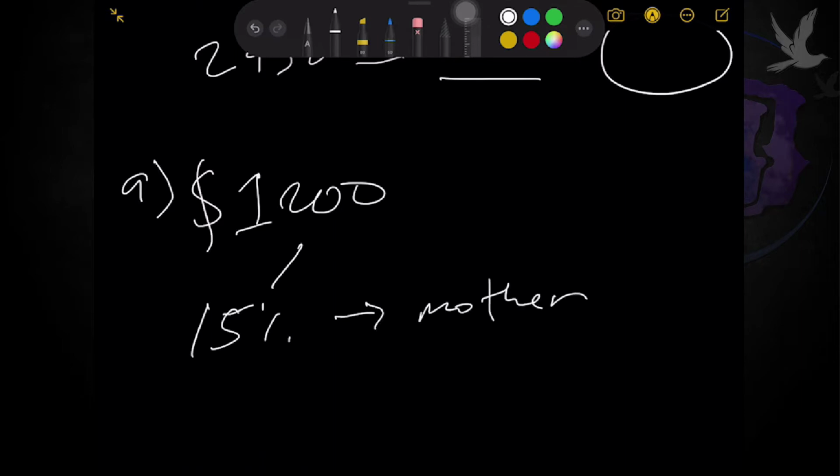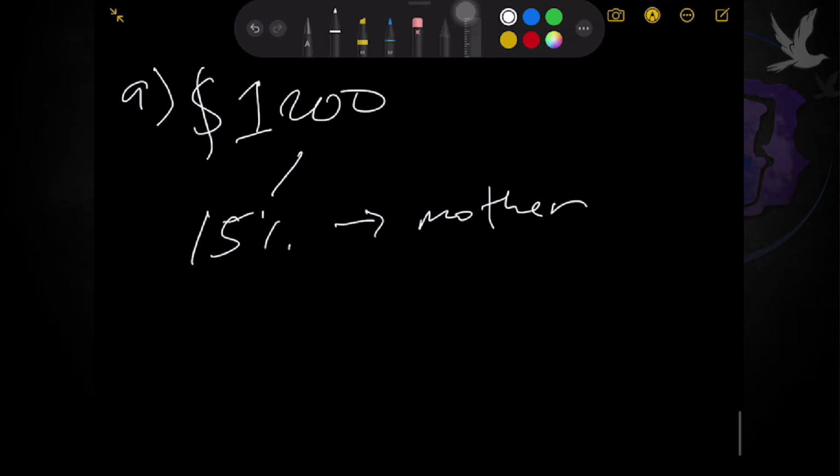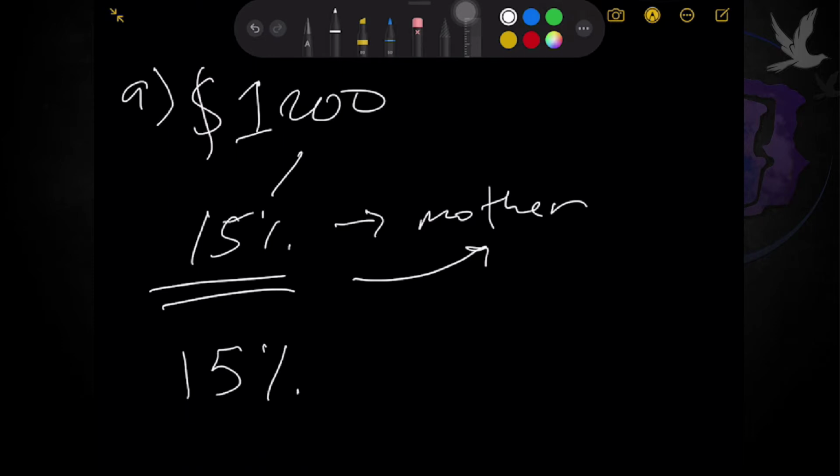Okay, so ibig sabihin nito, the question pala rather is, how much does Rita give to her mother? So, the question is yung mismong 15% na yung binibigay niya sa mother niya. Magkano ito? Again, this is the same as taking a percentage of a number. So, that's basically 15% of 1,200.